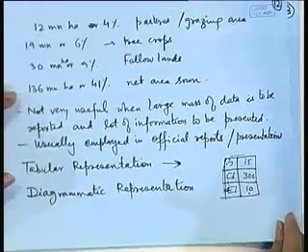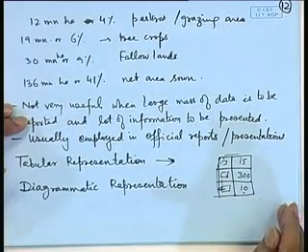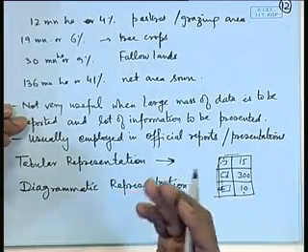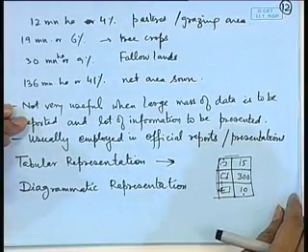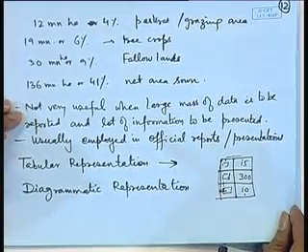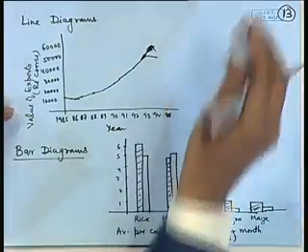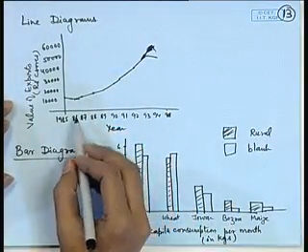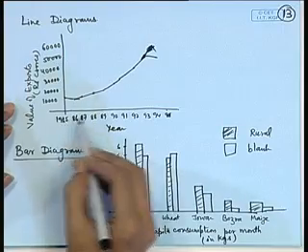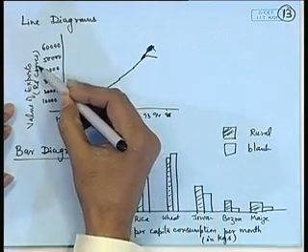This type of presentation is extremely useful when you are making a presentation in front of an audience, and through visual presentation they can immediately make out the change, or various kinds of information that can be drawn from the data. For example, we are looking at the volume of exports year wise from 1985 onwards up to year 1994.